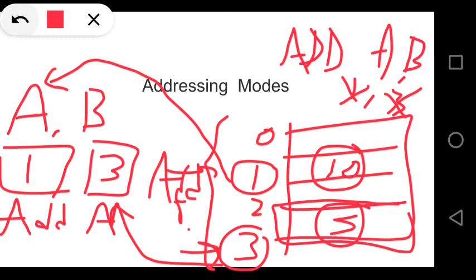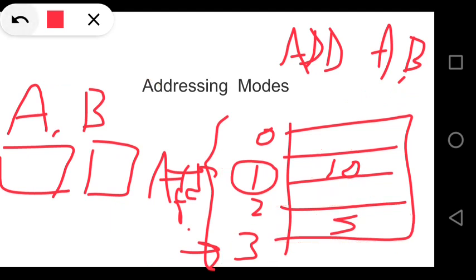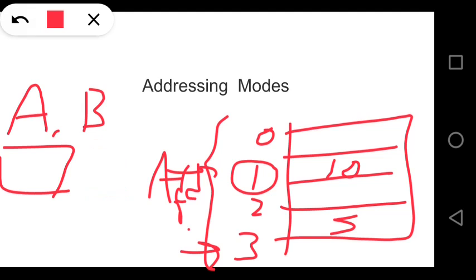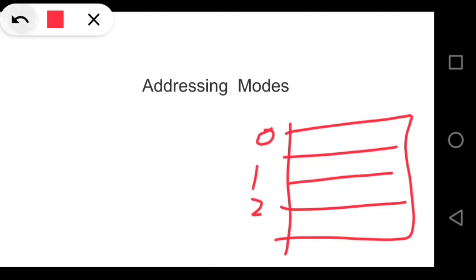So let us discuss a simple case of addressing modes. But remember one thing, what are the possibilities for an operand to be stored? One possibility is within the instruction, the second is within the register itself.